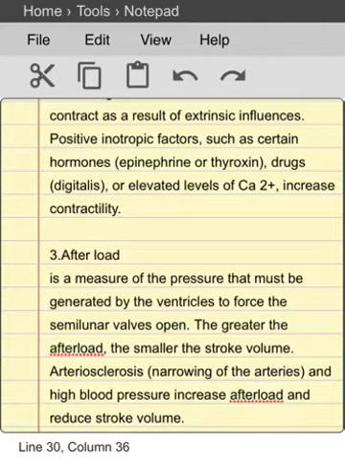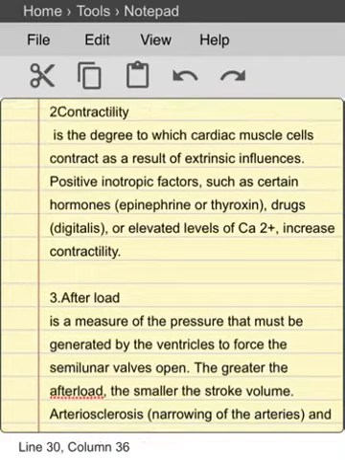So if your ventricle can give more pressure, it will increase the afterload. Afterload means the amount of pressure given by your ventricles to open the semilunar valves.